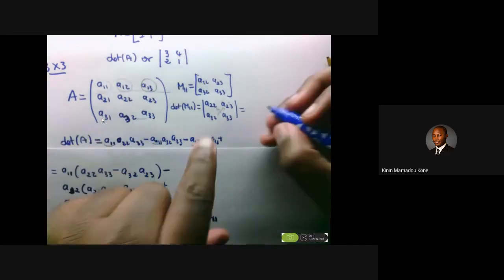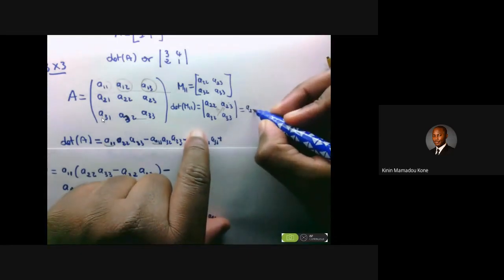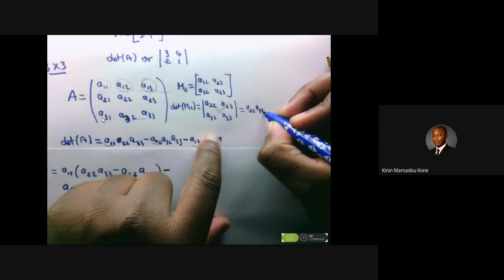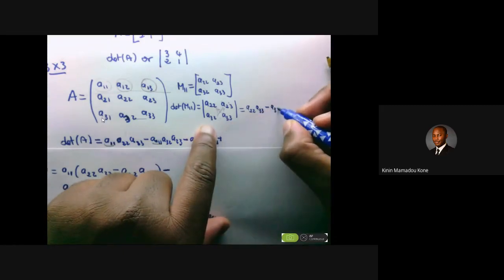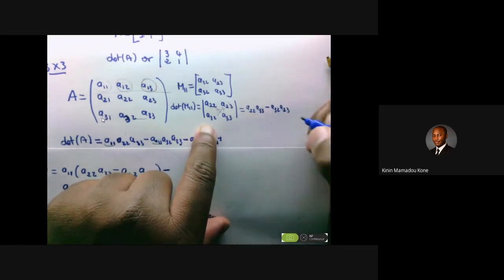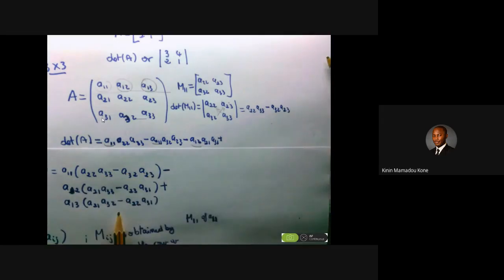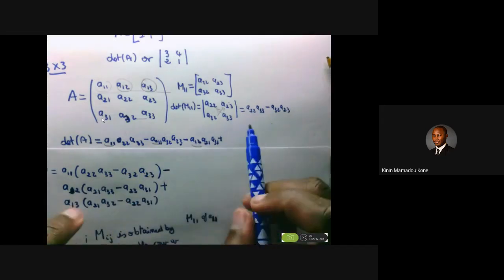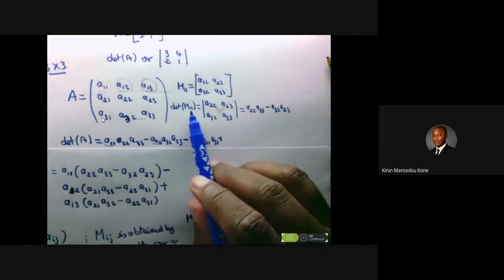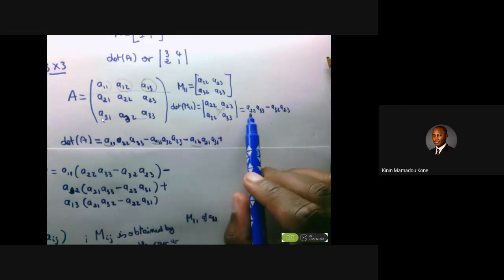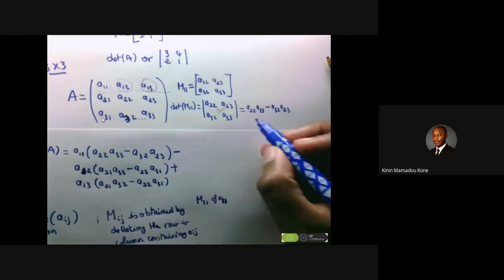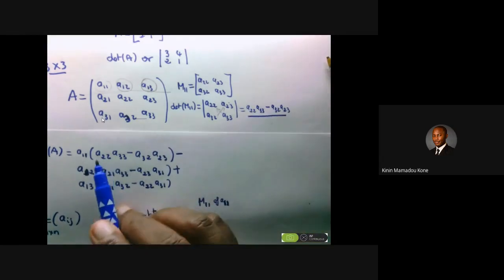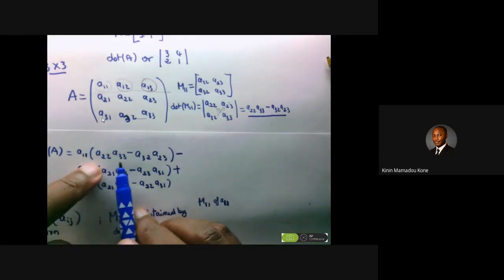So that's going to be A22 A33 minus A32 A23. So we notice that this is the determinant of M11, and we can observe that the same value is being repeated over here.